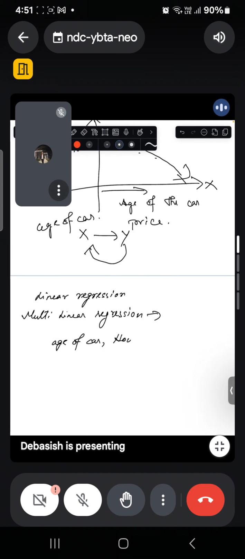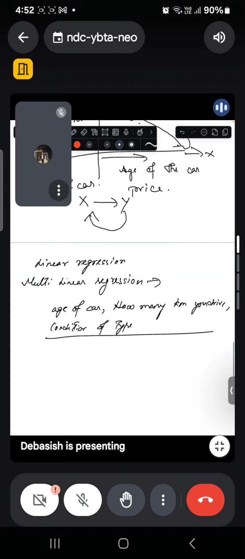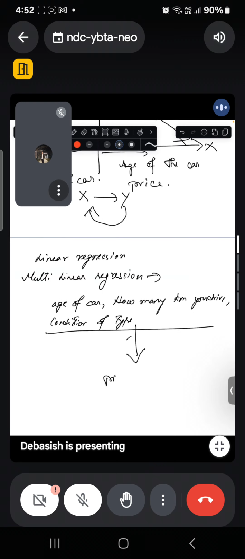How many kilometers you drive, and let's say some other factors may be the condition of the tire. So there might be many variables that will depend upon the price of the car.